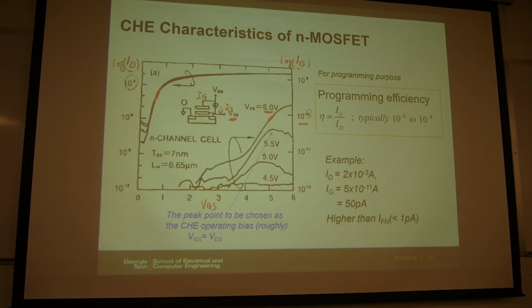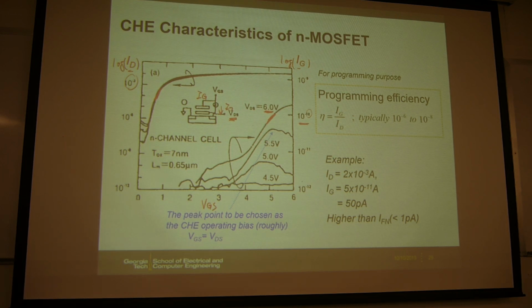So the programming efficiency is defined as the IG over ID. Why is that? Because you flow the current, which is a drain current, by VDS. And then there is some probability for the electrons to jump over to the floating gate that contributes to your IG. But here you look at the ratio, right?